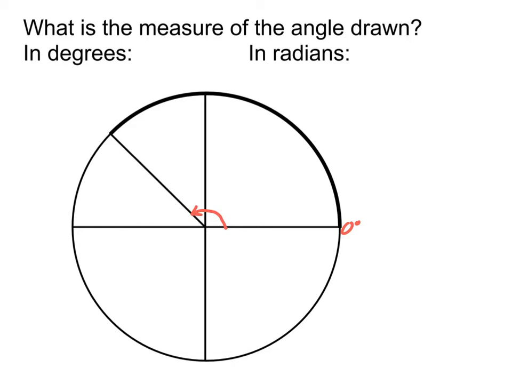Now you notice that it's past 90 degrees because 90 degrees is straight up here, but it's not yet to 180 degrees because 180 degrees is definitely too far. In fact, it looks like it's about halfway between 90 and 180. And again, because this is an estimation problem, you could come up with all sorts of different numbers there.